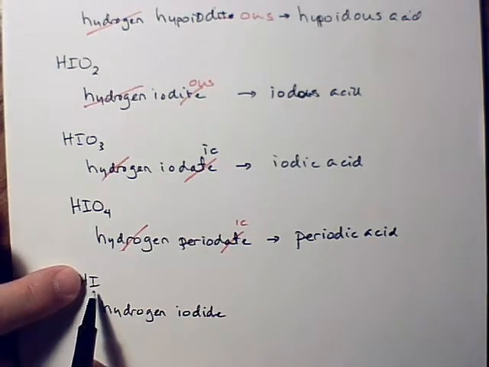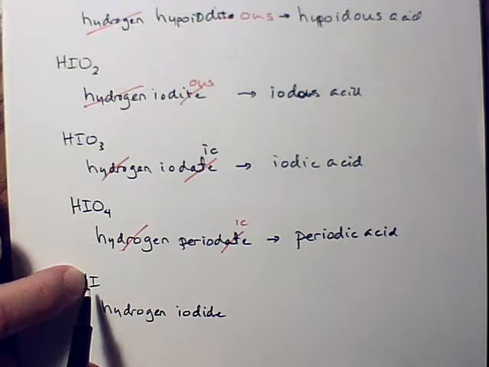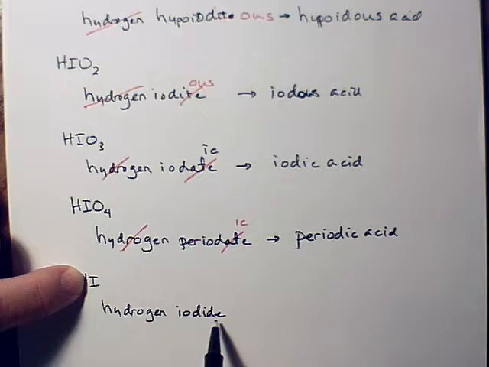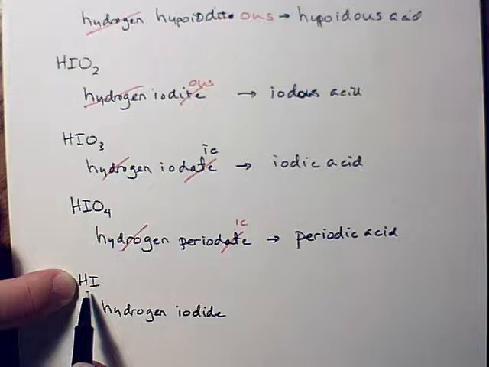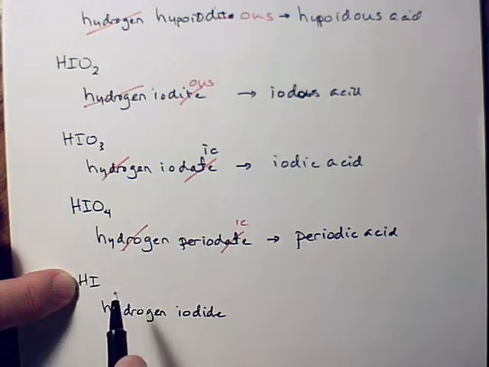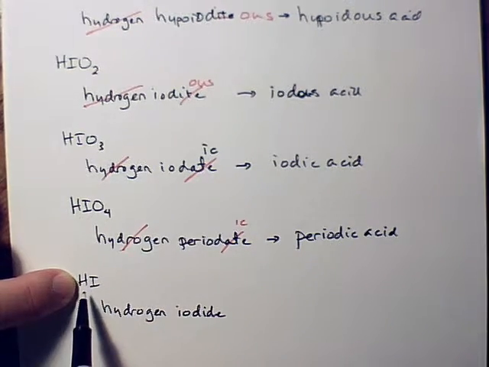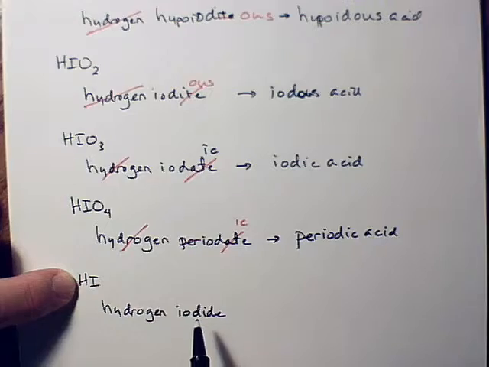Okay? The anions, the negatively charged part here, if it's a monoatomic anion, it always has an IDE ending. If it's the back part of the formula name, for most of the ionic and covalent compounds we name in here, except for the organic compounds, you always have IDE on the end anyway.